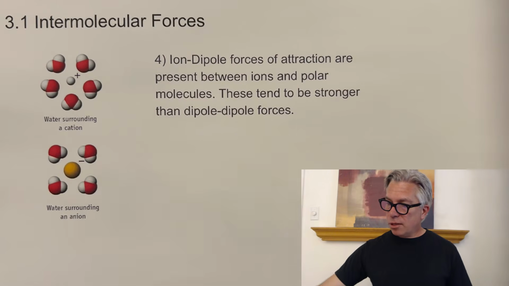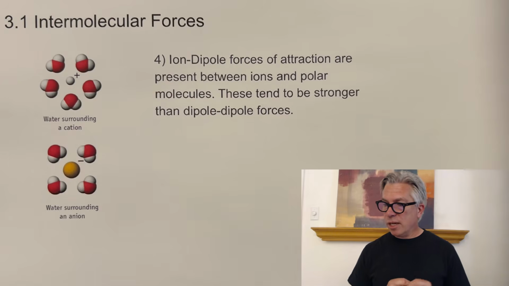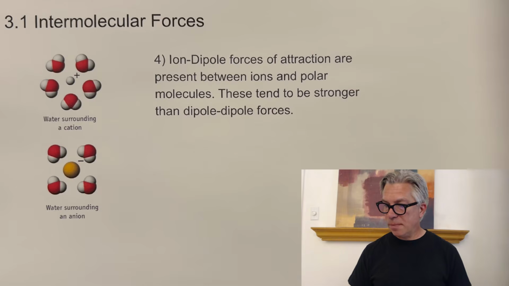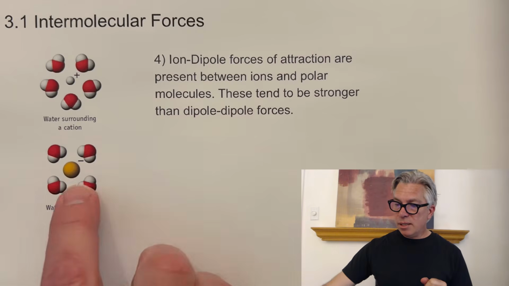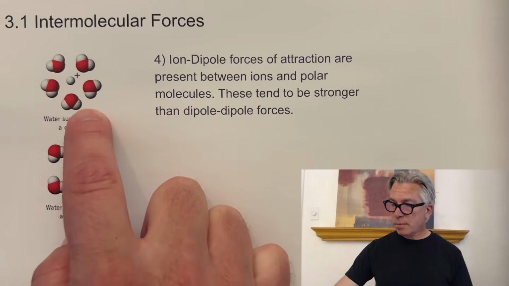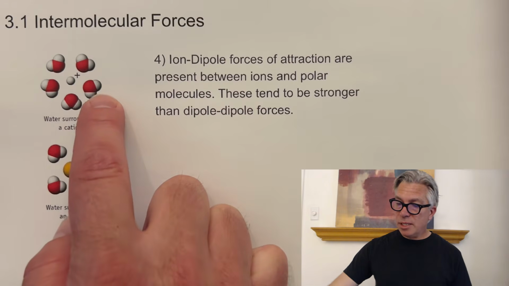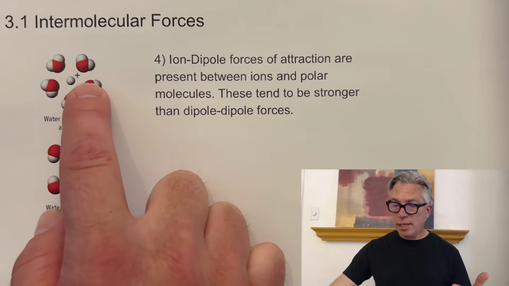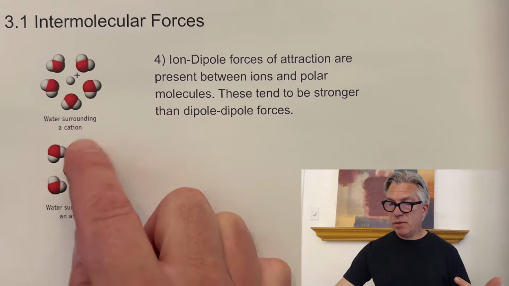Continuing on with intermolecular forces, ion-dipole forces of attraction are present between ions and polar molecules. So this is included, a little bit stronger than dipole-dipole forces. And we see these ions interacting, most of the time you'll see it with water, where the water molecules position themselves around the cation with their negative ends pointing in and the anion with the positive ends pointing in.